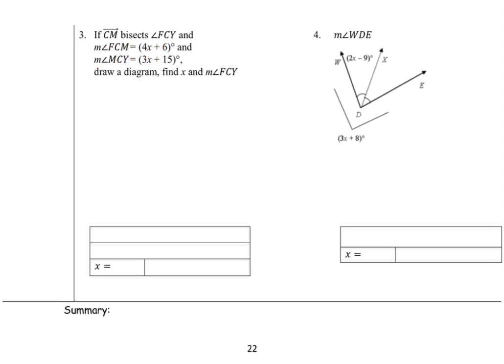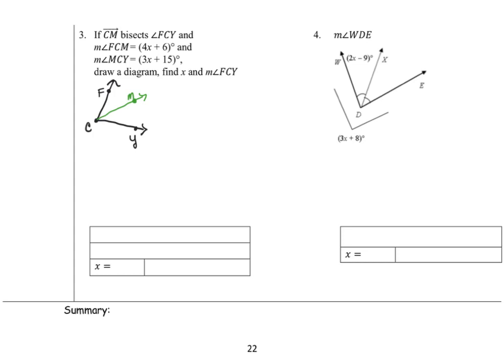So we have a larger angle that is FCY. And then the ray CM bisects that angle. So that's helpful because the ray goes down the middle, and then you label it CM.